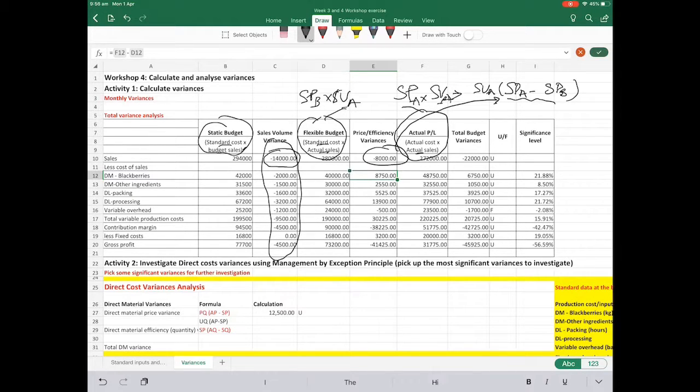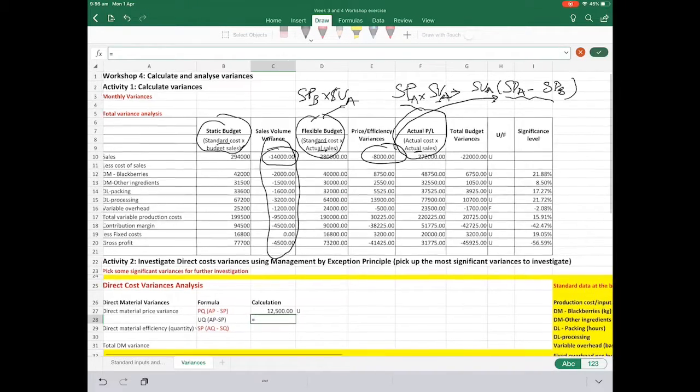So maybe they purchased 50,000 kg, but they only used less than that. That amount used actually transfers into the production cost and then into the cost of sales. So I want to calculate that, so later you will see why it's different.